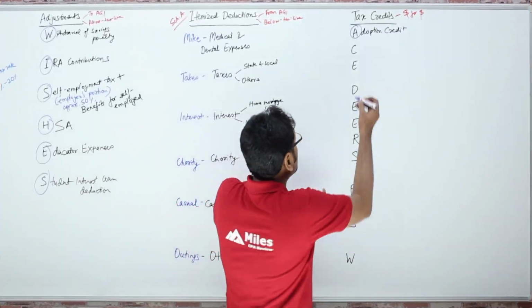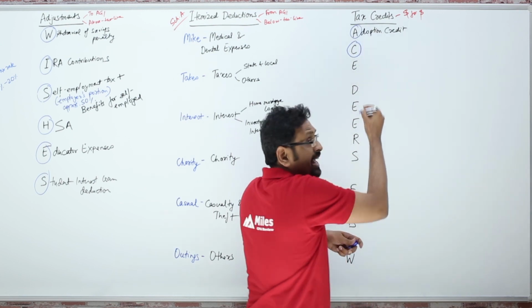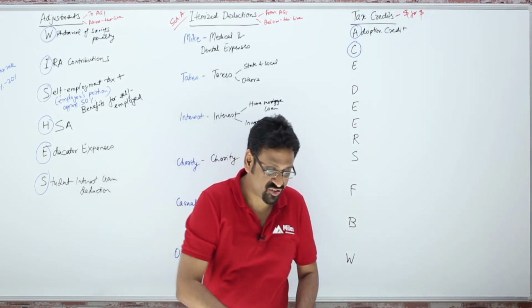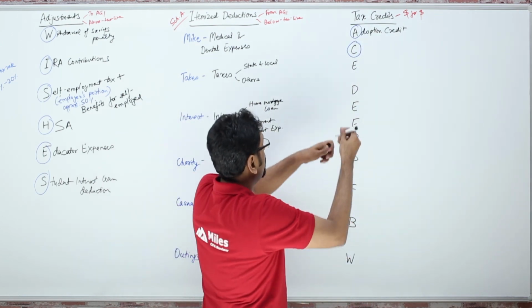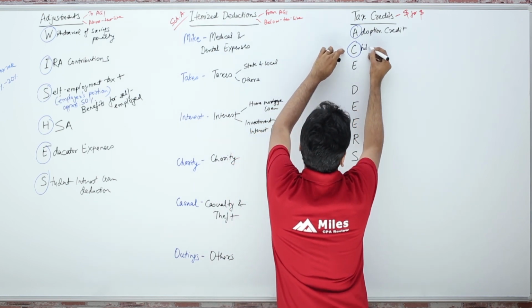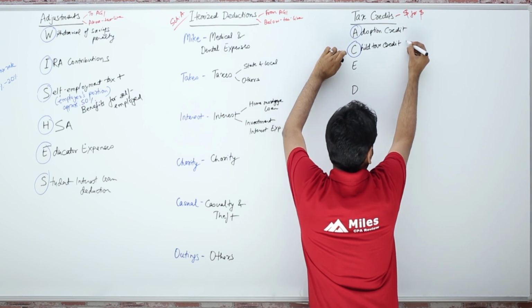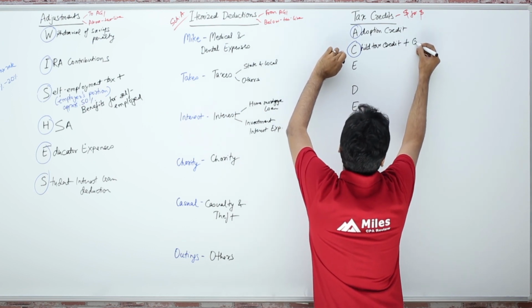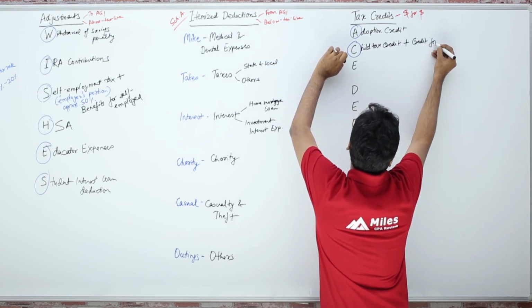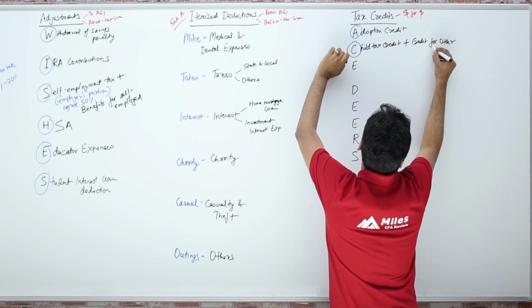The C of ACE is child tax credit. So what we have here is child tax credit, plus there's also credit for other dependents.